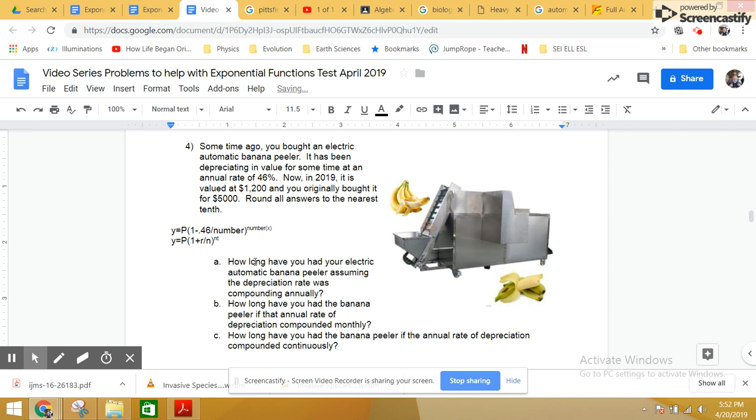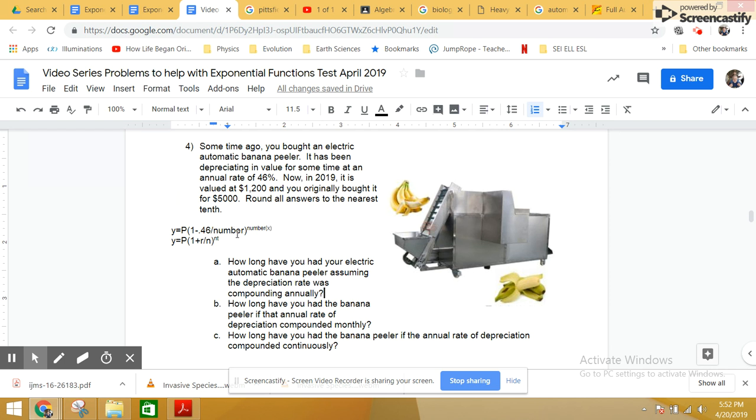Okay, so in our first version of this, we need to figure out how long we've had it. So we're going to use annual compounding, and that means that the number of compounding events in a year is 1. It's an annual rate of 46% of depreciation, and that's happening just once a year. So that'll be also 1 times time.